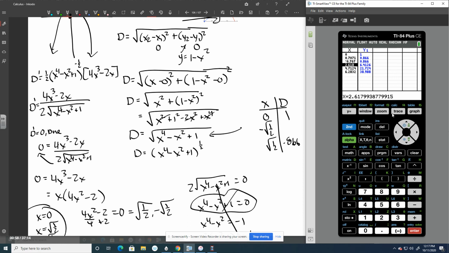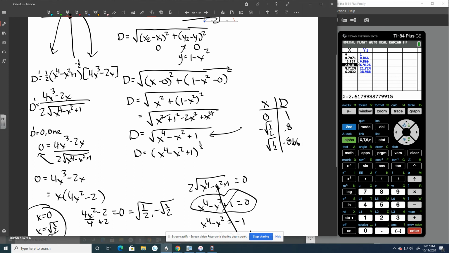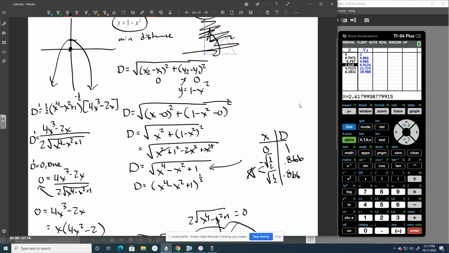Oh, I must have just typed in something wrong. So my negative root half is 0.866 as well. So think about your unit circle for just a minute. These two answers might make sense. My minimum distance actually happens twice.